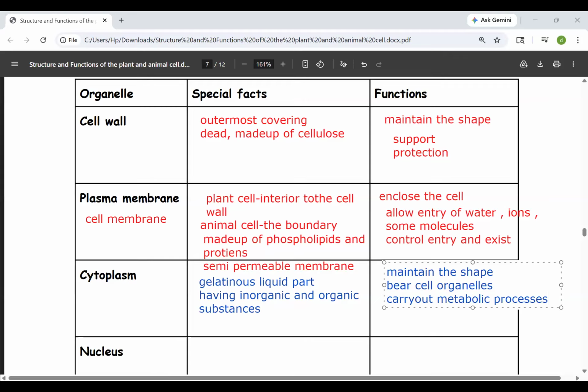There are chemical reactions which form complex things. There are some chemical reactions in which complex things are broken into simpler things. So altogether we consider them as metabolic processes. You will learn that later, the metabolic reactions. So that's it.